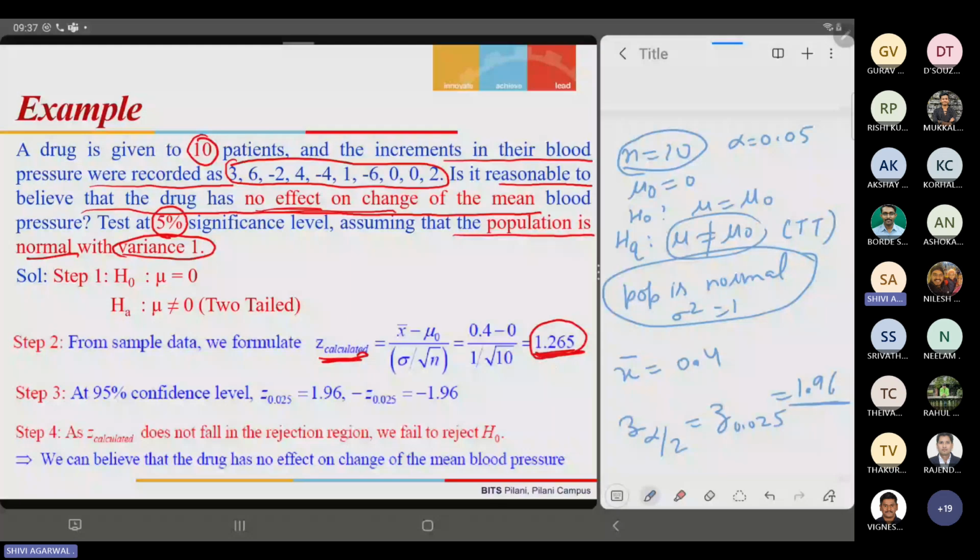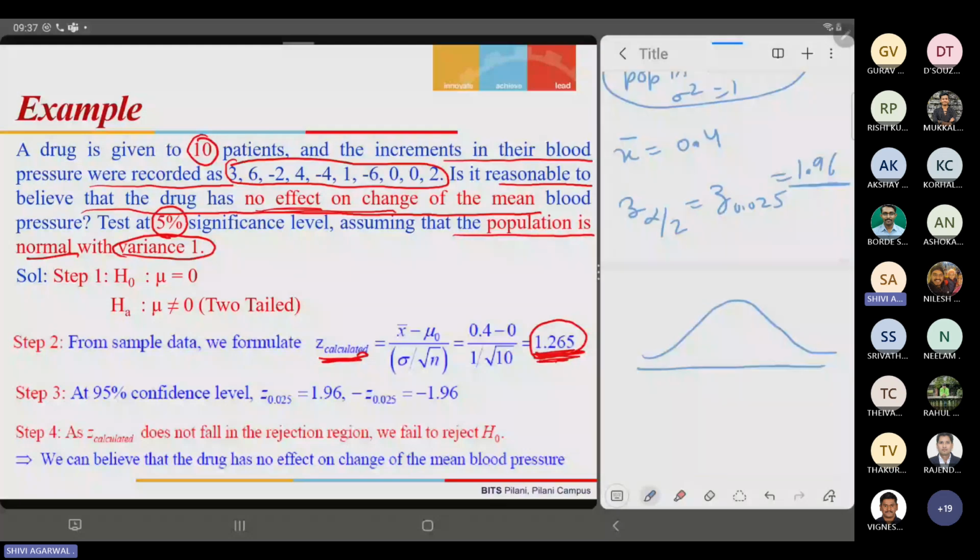So it does not fall in the rejection region, because if we just draw the graph, it is like this one. So it is minus 1.96. This is plus 1.96 and 1.265 somewhere here. Okay. It is not in the rejection region. So we fail to reject H naught.